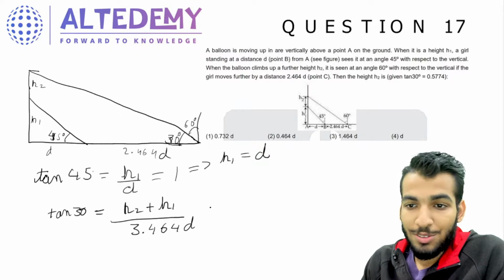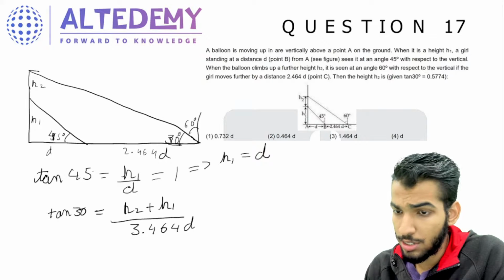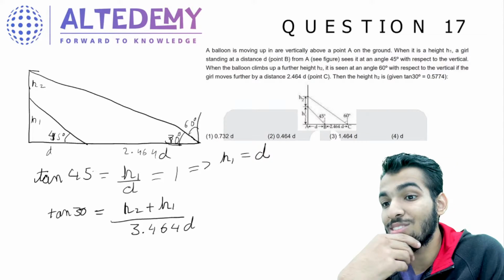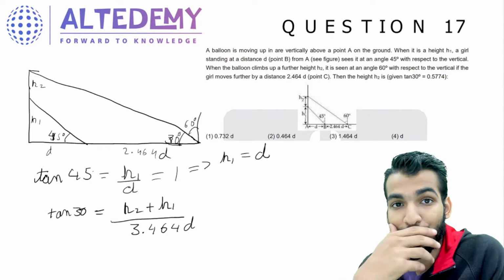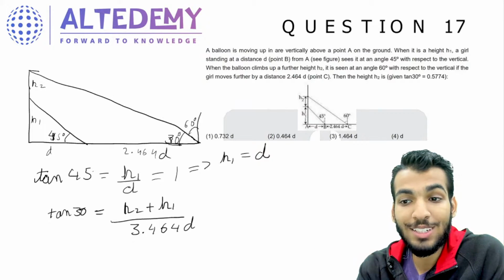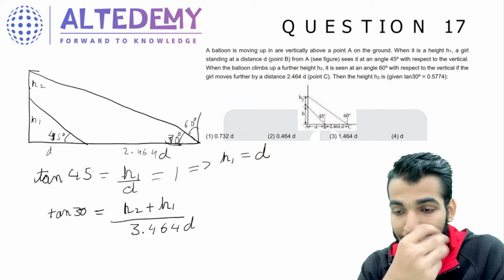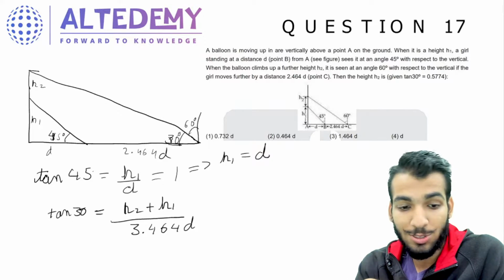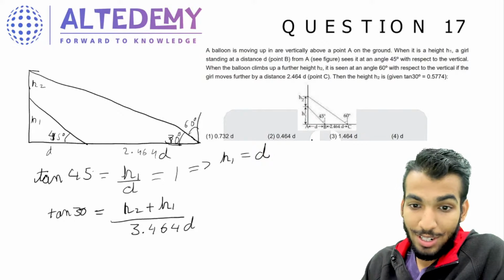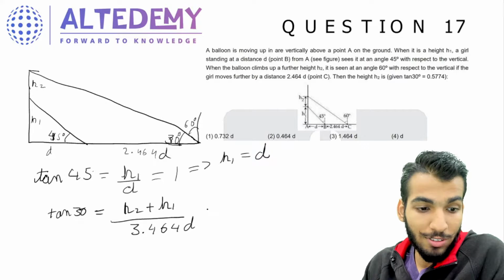All right, so this is this thing, and let's see with respect to the vertical, and what is this? 0.5744. This sounds dangerously close to 2 minus root 2, but I'm not gonna take my chances right now, because look at this 1.464. Everything aligns a little too perfectly.